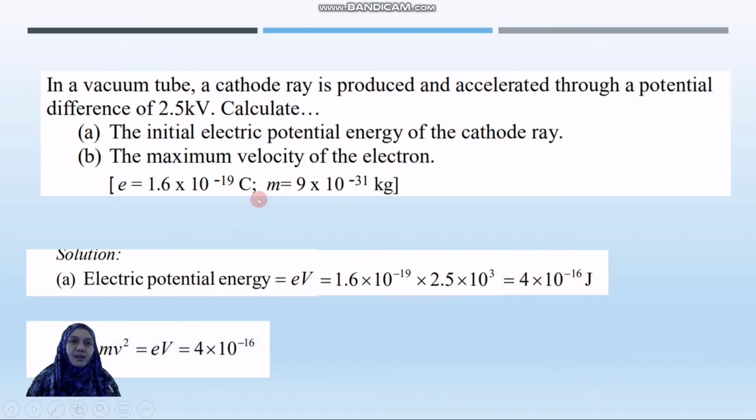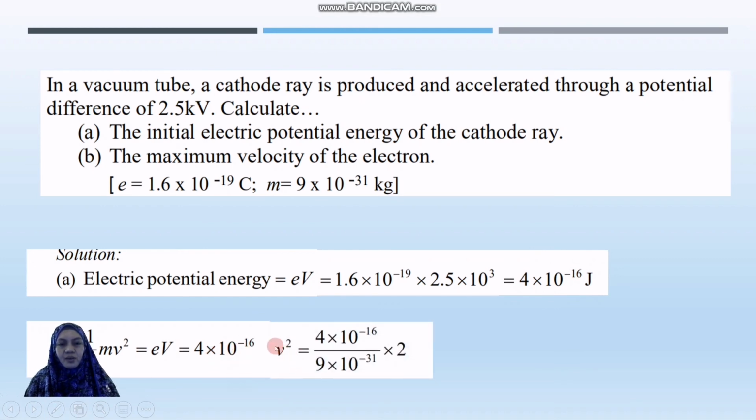And to find the maximum velocity, it is given by half mv squared equal to eV. We have found the value in A, 4 times 10 to the power of negative 16. So by this, we can find v by shifting m to the other side.